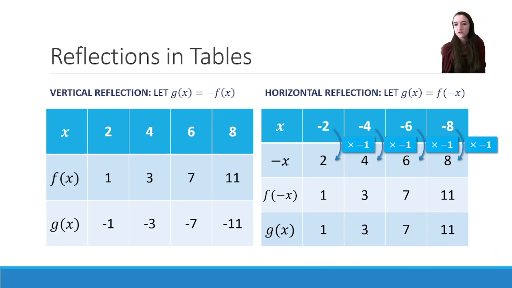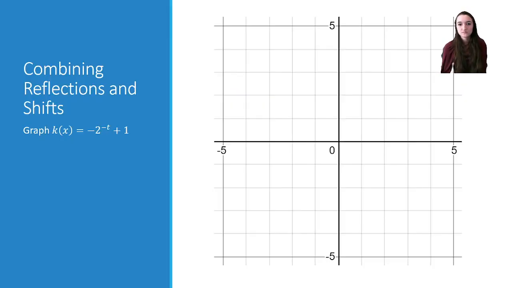And the same goes for all of the other numbers as well. So again, our outputs, our y values, never change. They're the same as they were for the original f. But the input that got us there has changed. So g of negative 2, instead of f of 2, is what is happening to get us those output values.